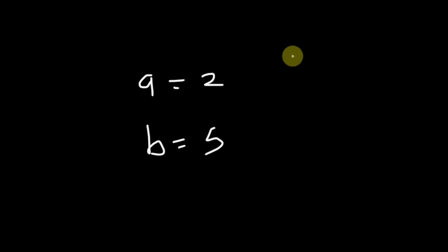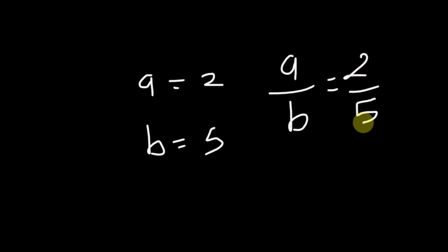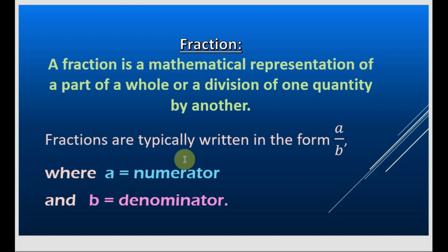Putting the expression in the form of a fraction, which is A over B, can also be written as 2 over 5. So typically we can put a fraction in this form, where the numerator will be given as A and the denominator will be given as B.